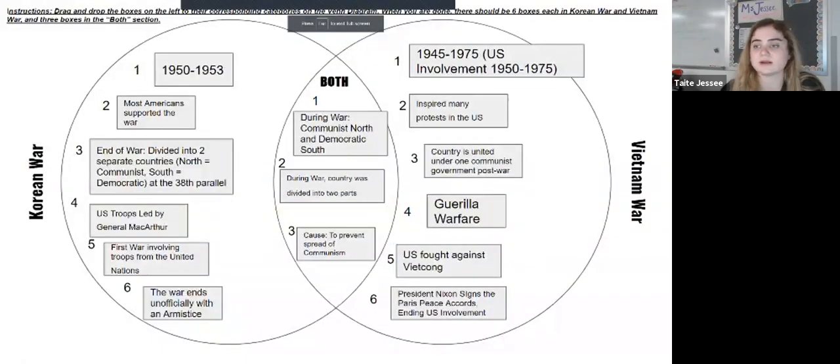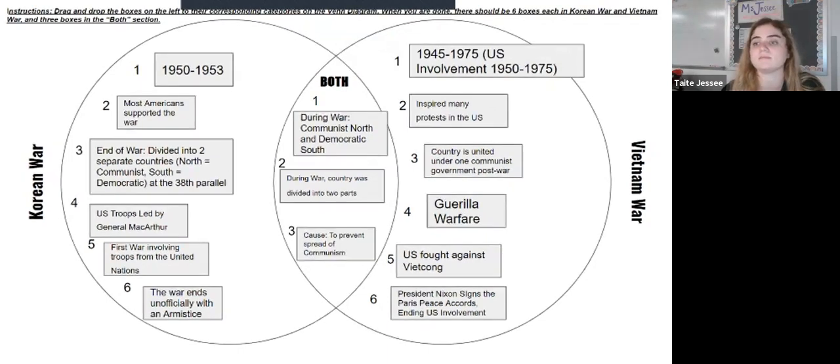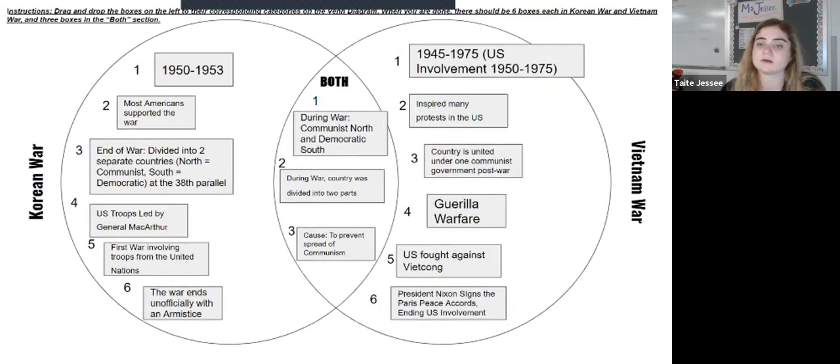On Super Saturday, we did this activity together, and when you open it up, it might have the vocab boxes off to the side. The goal of this activity is to drag and drop the boxes to their corresponding categories on the Venn diagram. You can see that this is already done on this version. If you want to, go ahead and scramble them up and then put them in the designated categories.